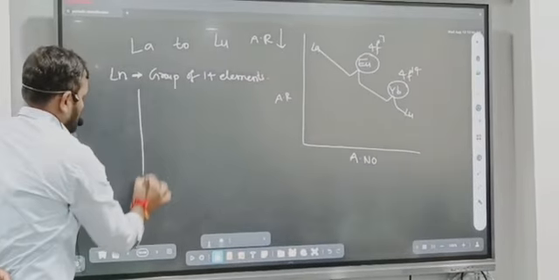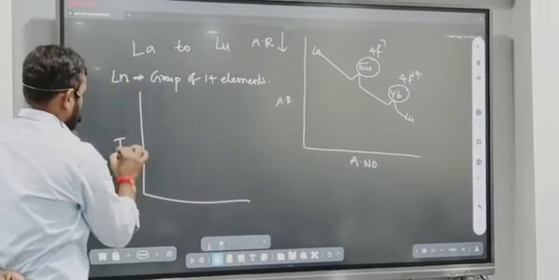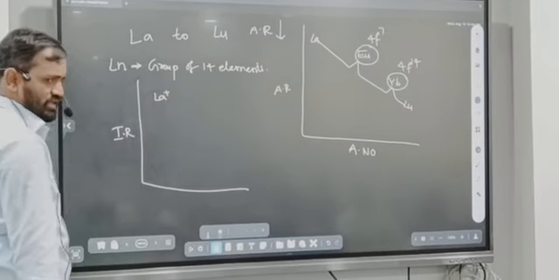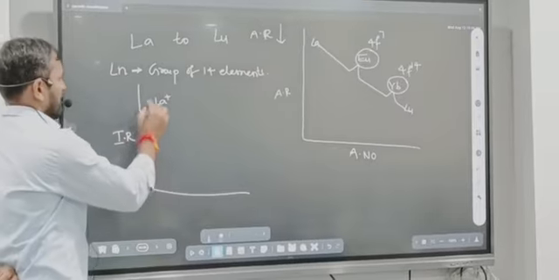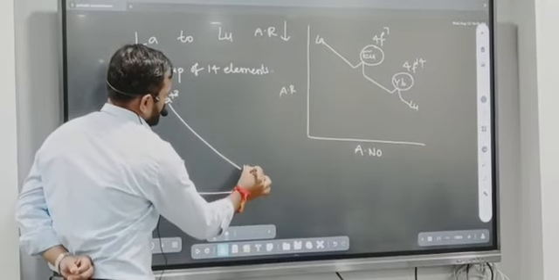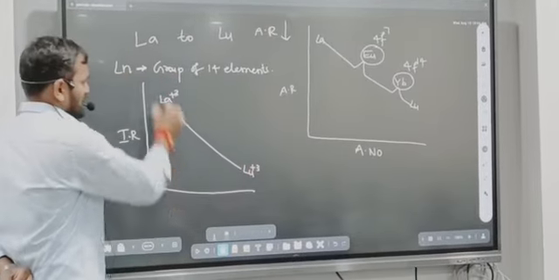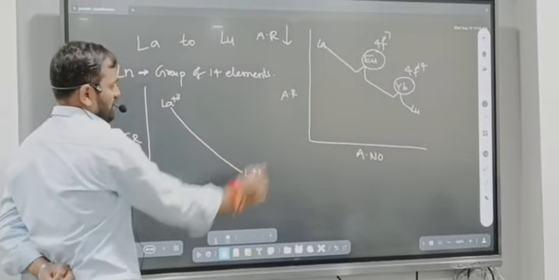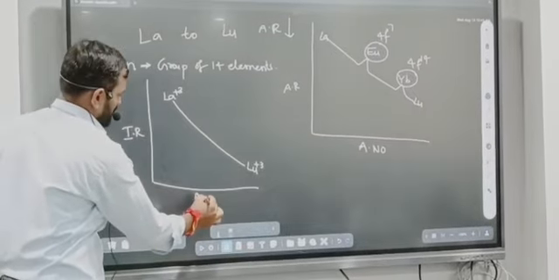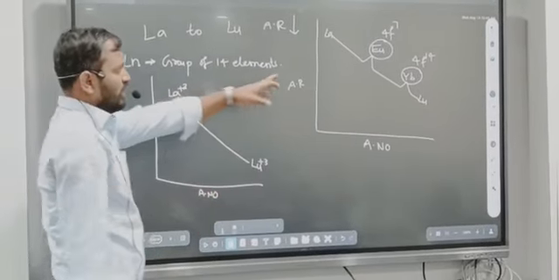But in the case of ionic radius, for the same elements from lanthanum to lutetium, the common oxidation state is +3. There is a gradual decrease in the ionic radius with respect to atomic number. If you see the graph, there are no ups and downs.